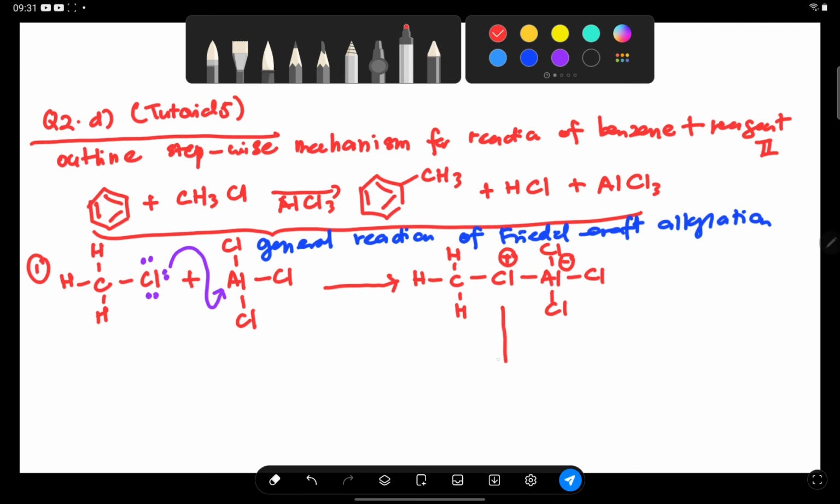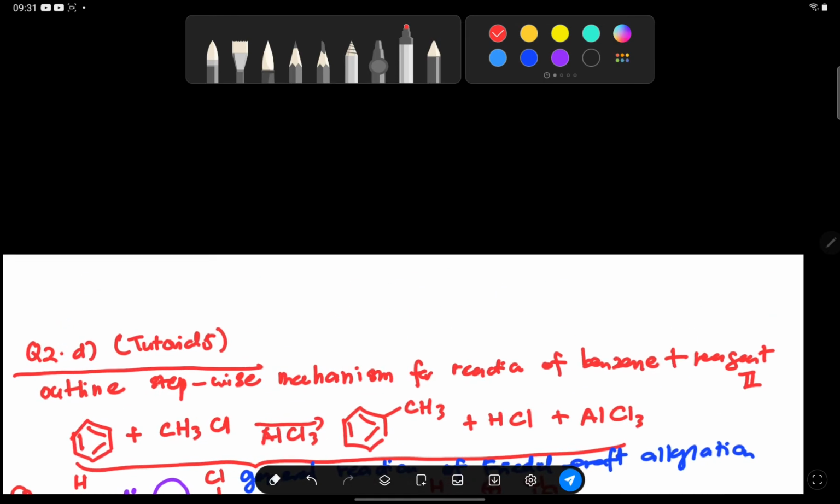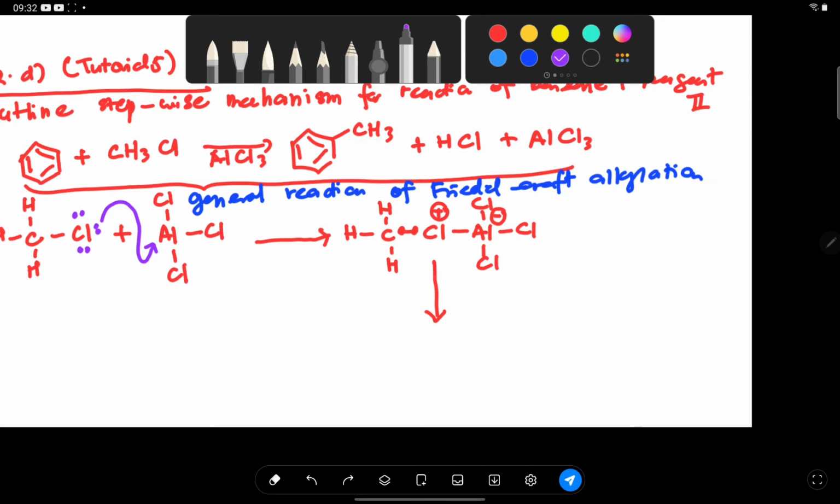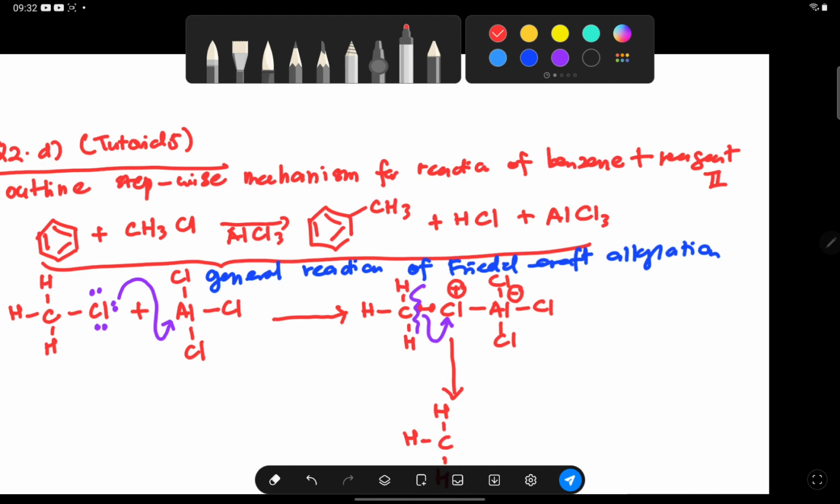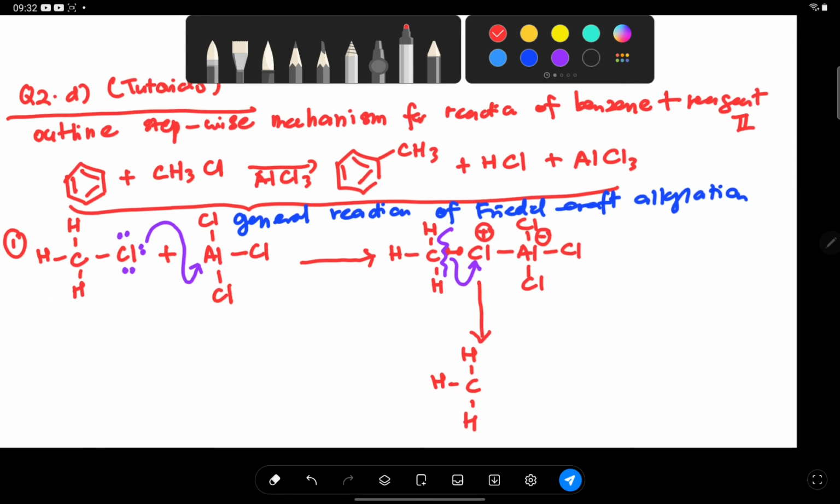Then we have 2 electron here, right? These 2 electron will be given to this chlorine, and then the bond will break here, so it will become CH3 with H and H. When this carbon lost its electron, it will become positive.